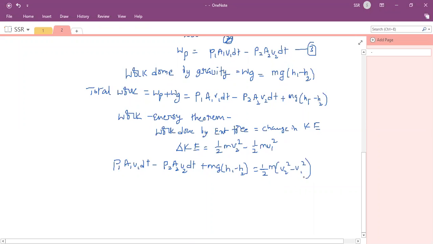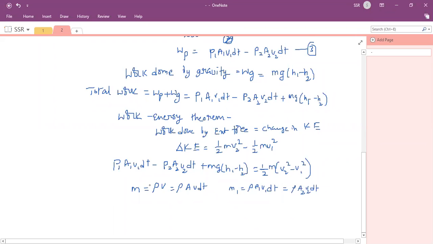Then you can divide by unit volume. What is the volume value? So you can divide by mass, both sides. What is the mass value? Mass m is equal to density rho into volume, that is area into velocity into dt: rho A v dt. On the first side m1 is rho A1 v1 dt, on the other side m2 is rho A2 v2 dt because of the velocity changing.